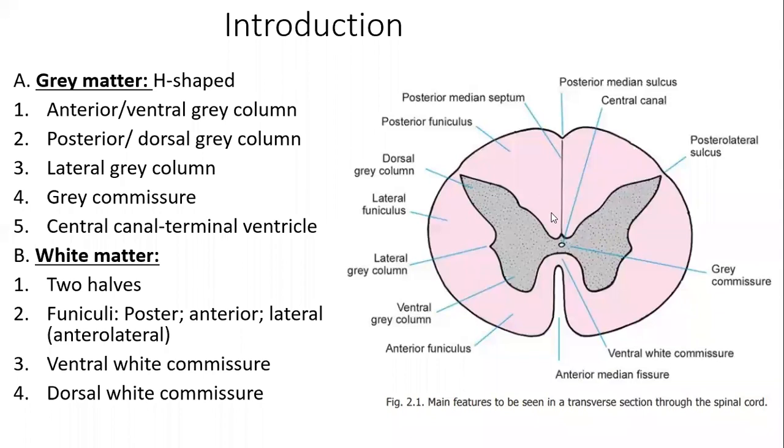So in those cases, there can be presence of a dorsal white commissure or posterior white commissure, which is located posterior to or dorsal to gray commissure. I hope so far these terminologies with the internal features of white and gray matter are clear to you.